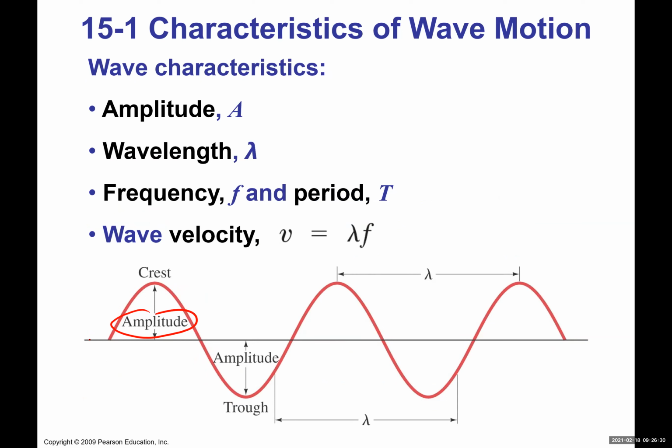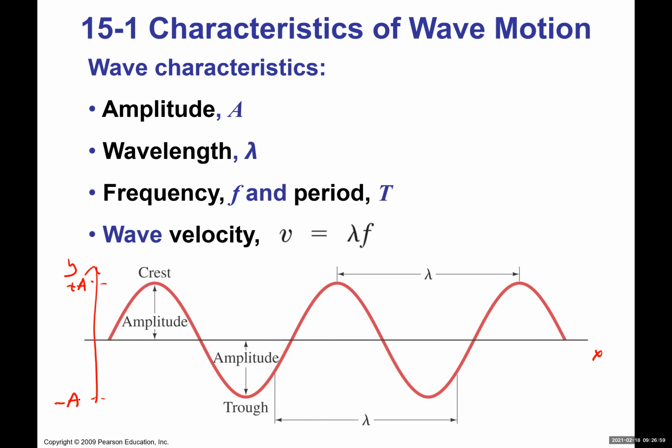Let's say if you take this horizontal line as the x-axis, and this is the y-axis, then in a way amplitude is how high or how low it goes with respect to the x-axis. So we can say that this is plus A, and this is minus A, very similar to the simple harmonic motion graph, right?